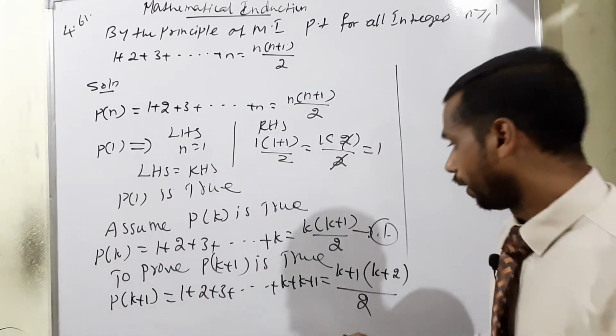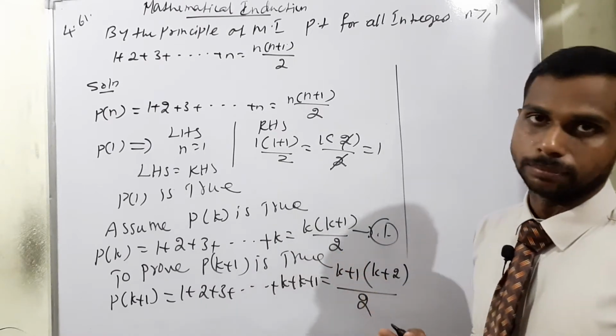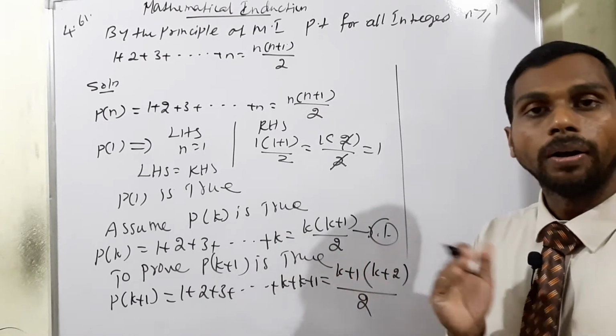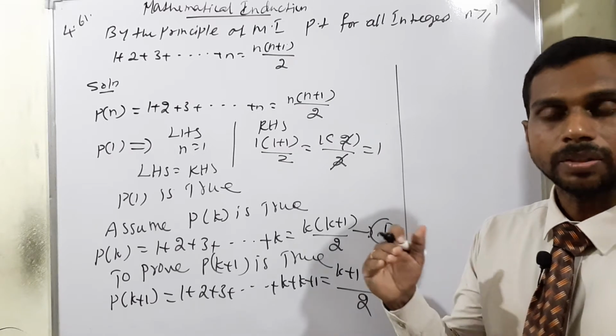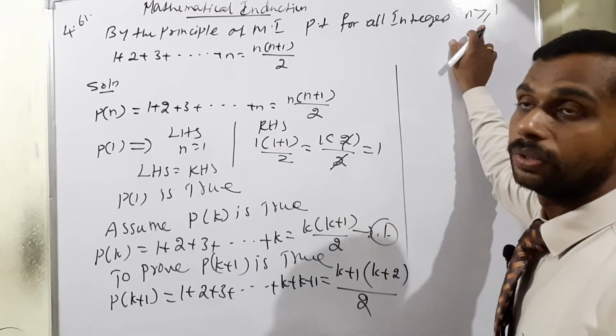Now, after showing LHS equal to RHS, we can say it holds for all integers n greater than or equal to 1. The condition is n greater than or equal to 1.